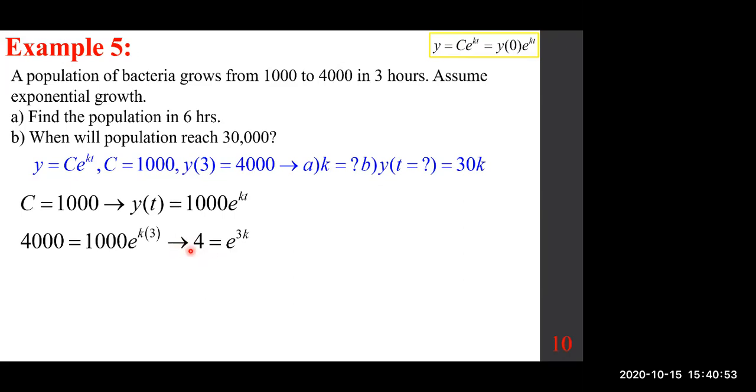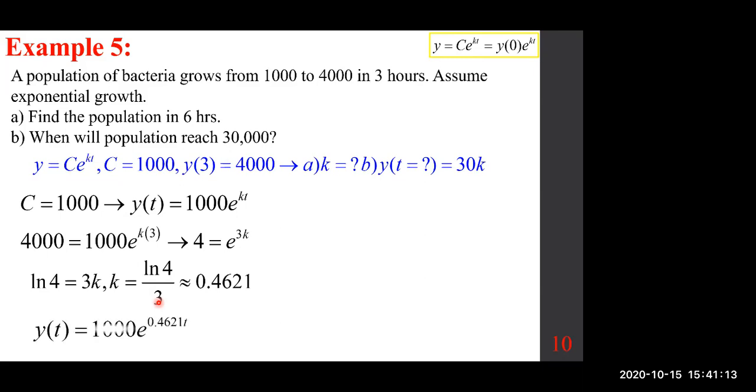So take a natural log of both sides. This becomes ln 4, this becomes 3k. So k is ln 4 divided by 3. If you keep it as ln 4 divided by 3, it's a precise answer, class. And you can stick with that. So this is the formula. And now for part A, replace the t with 6.